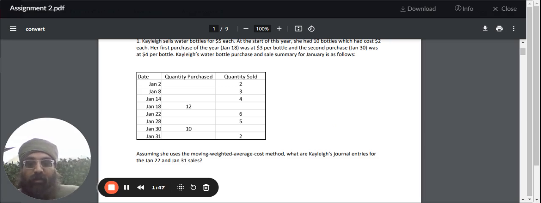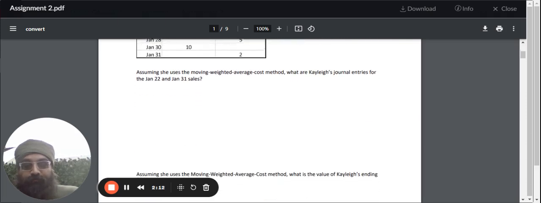I actually recommend that, or you can do it on paper, right? And submit the scanned copies of your work, or even Word, right? Whatever works for you. But you can add some columns alongside it. Just keep track of what the inventory level is and also keep track of what the value is. And you can kind of see that in the examples in the chapter there.